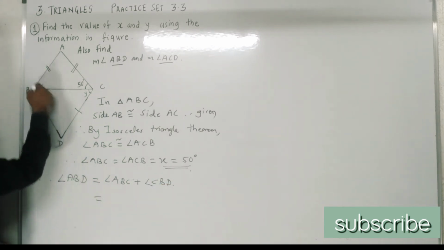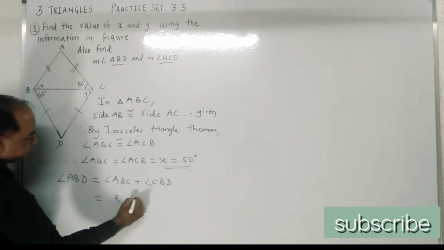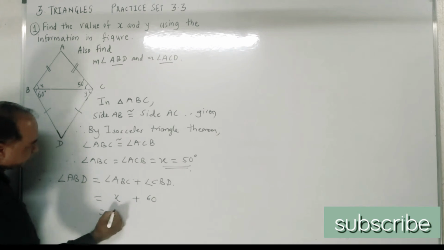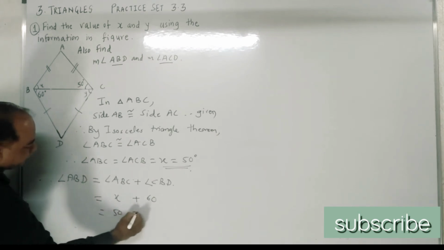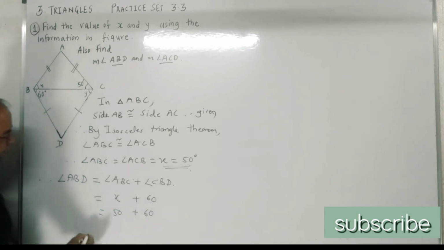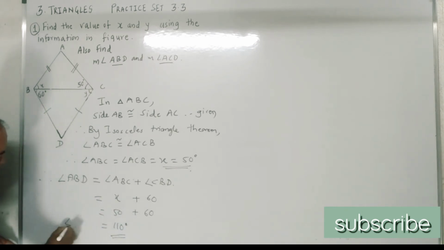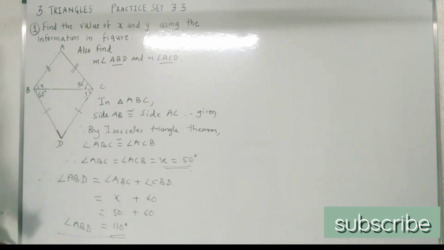Therefore, angle ABC is x, plus 60, which is equal to 50 plus 60, which is equal to 110 degrees. Angle ABD is 110 degrees.